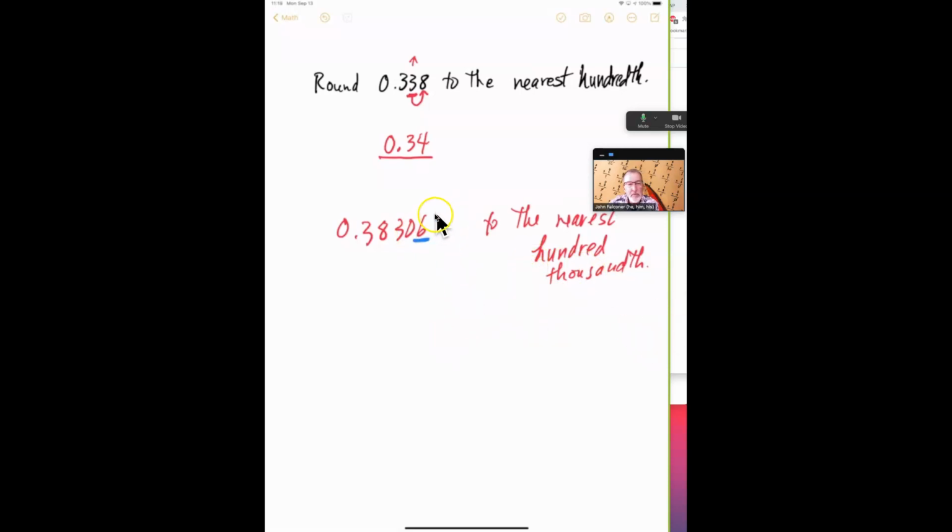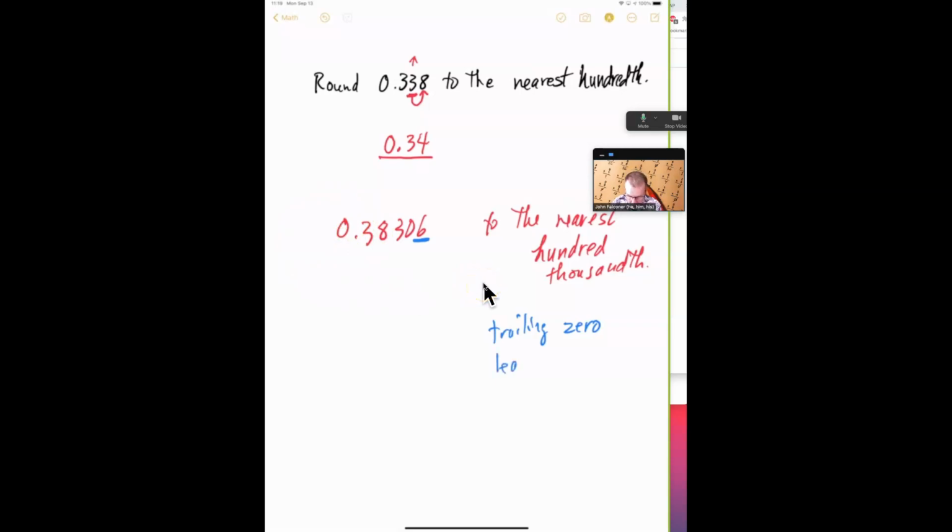So we don't have a number written here, but math rules tell us we can add a trailing 0. There's a number called a trailing 0. And a trailing 0 is like the opposite of this 0 here, which is a leading 0.